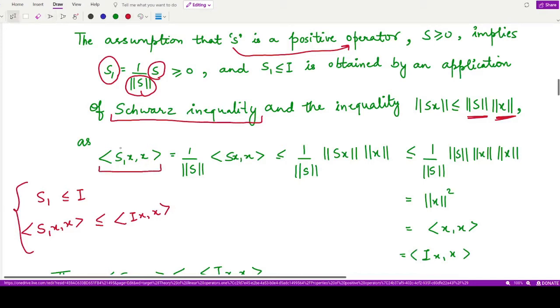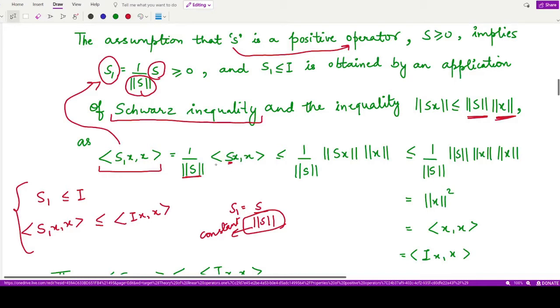Now what is the definition of S1? It is this one, right? So instead of S1 we write S divided by the norm of S. Because this is a constant quantity, it can be taken outside the inner product. So we have shifted it outside, and we have the inner product of Sx with x.